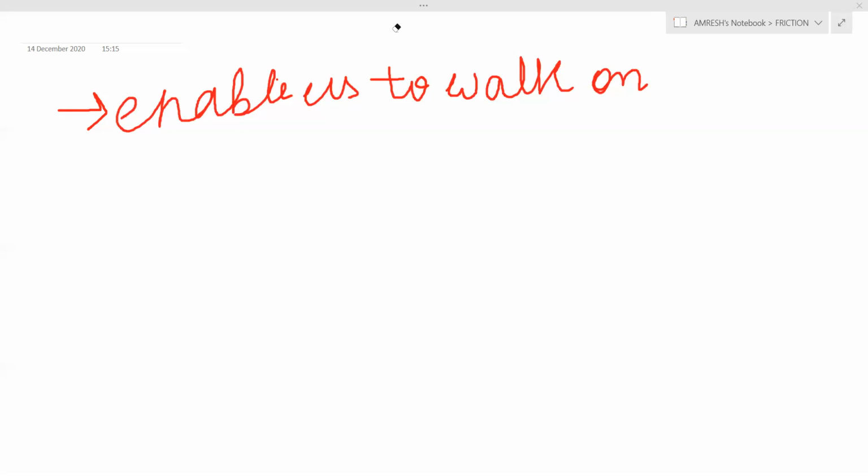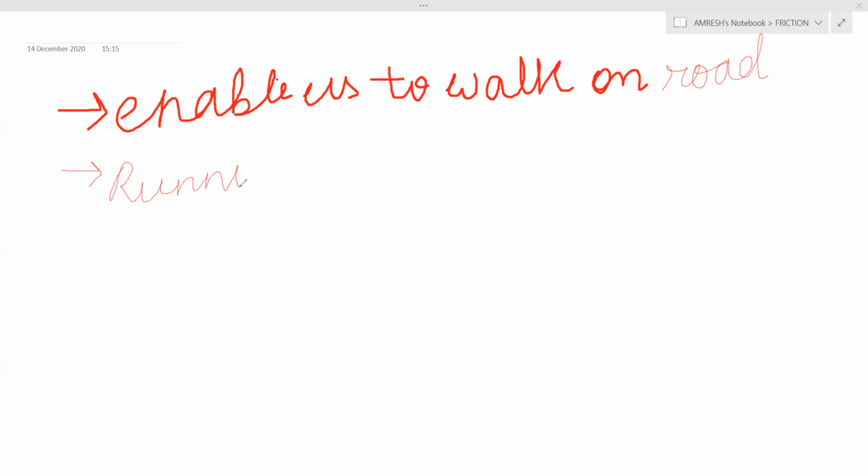If there had been no friction, our leg would have slipped on road. So next is running of vehicles on road.